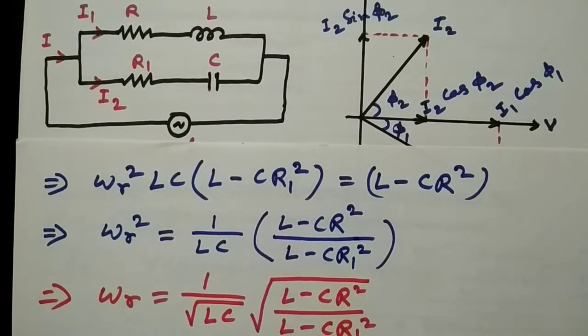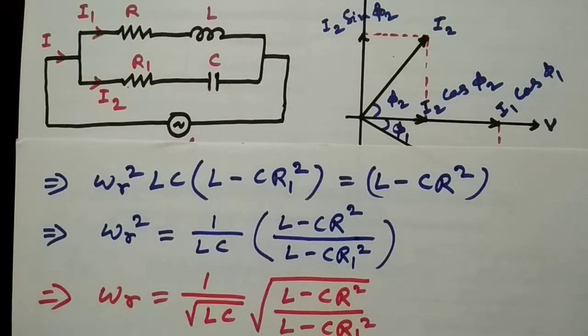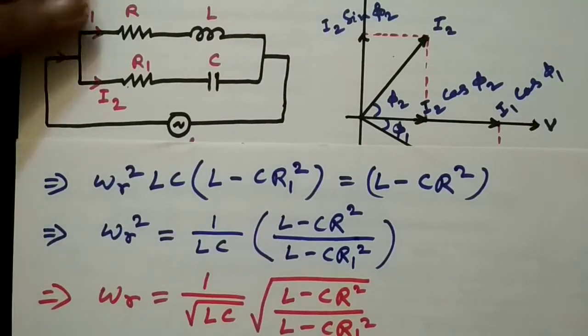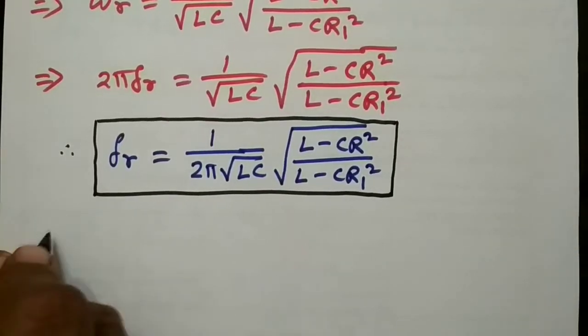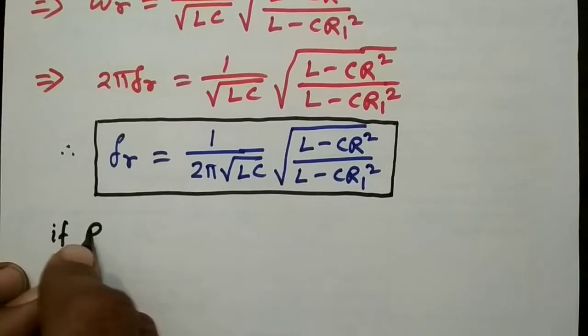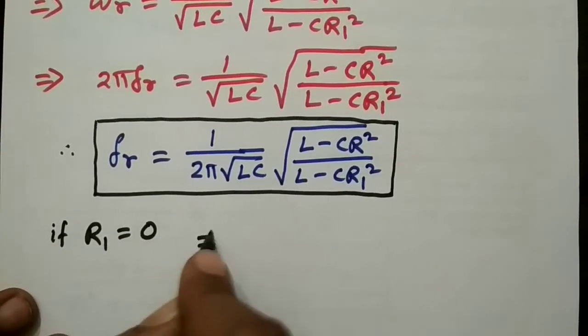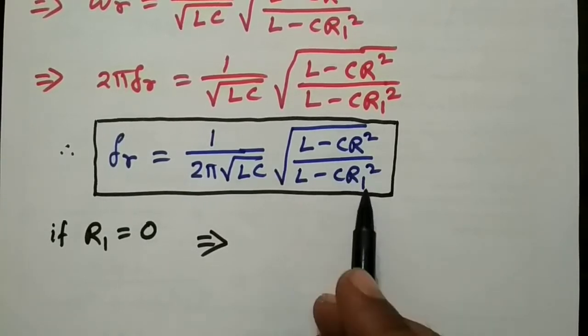Now there may be some special cases. So the first case is if R1 is equal to 0. That means if there is no resistance in the capacitive branch. Then in that case, if R1 is considered as 0, this term will become 0.